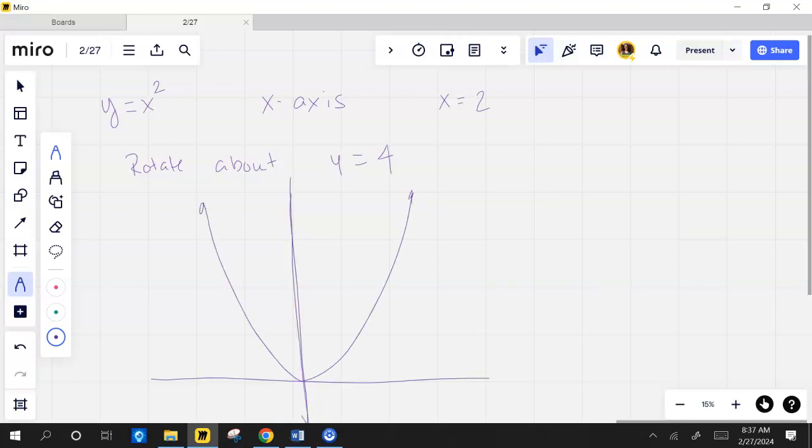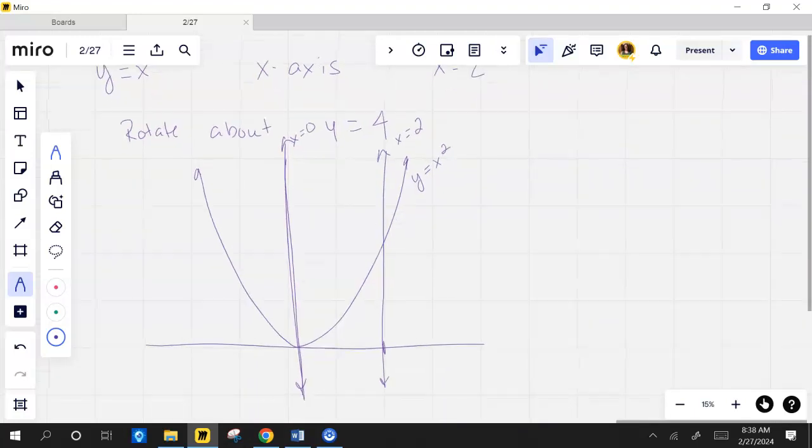X-axis and x equals 2. This is x equals 2. This is y equals x squared. This is x equals 0. And it says also bounded by the x-axis. So my little shape that I'm working with is right here.